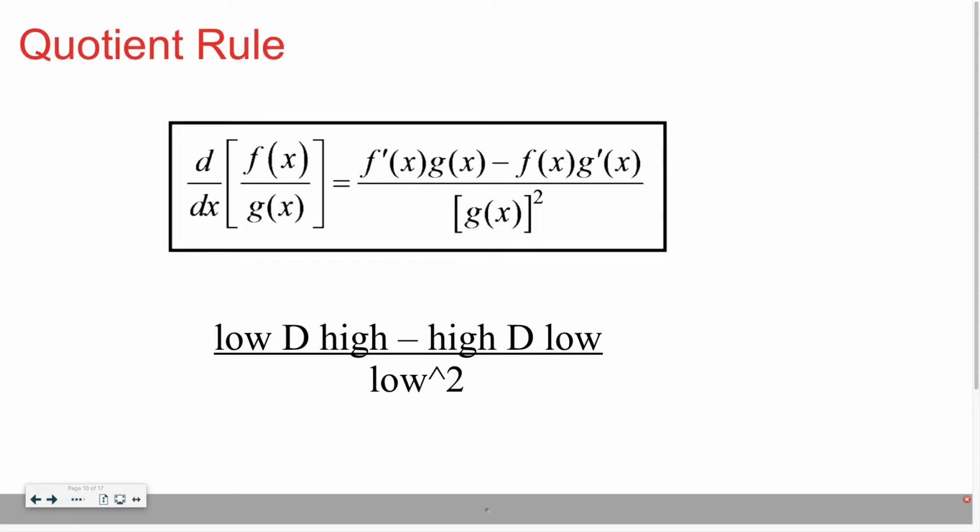What does that mean? Low d high: denominator times the derivative of the numerator, minus high, numerator, d low, derivative of the denominator, all over low squared, denominator squared. Did I tell you that you have to use this? No, but if it helps you, go for it.